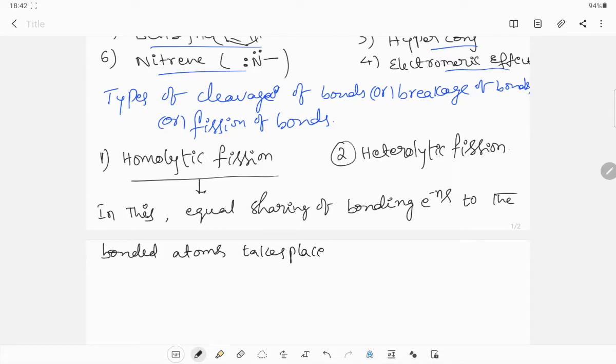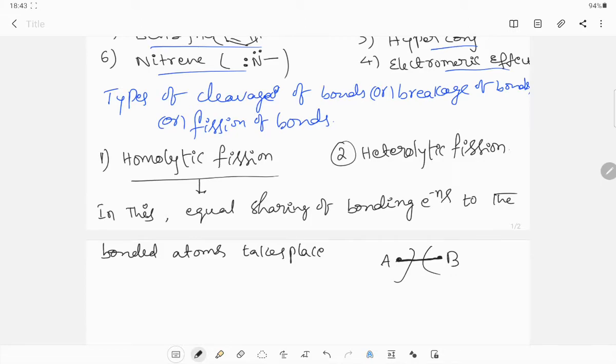See, every bond has 2 electrons, 1 plus 1, 2 electrons. These 2 electrons are shared by the bonded atoms equally, like this.